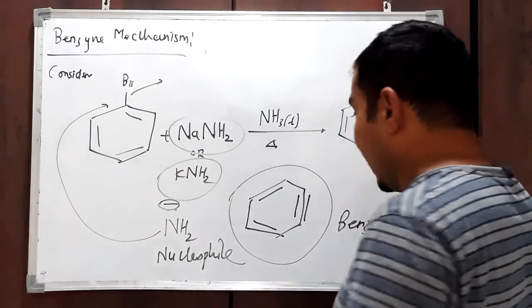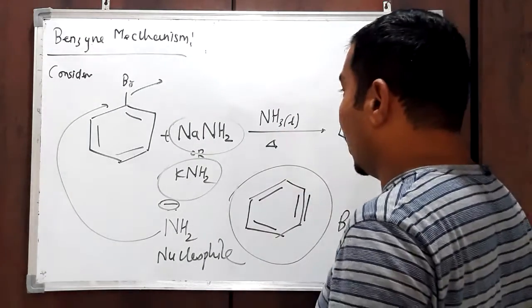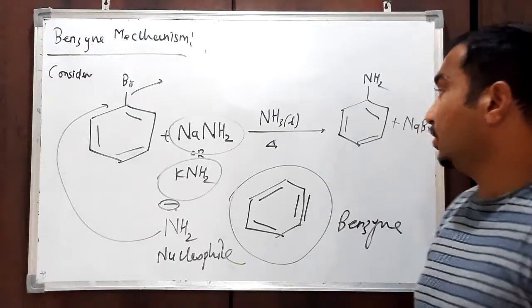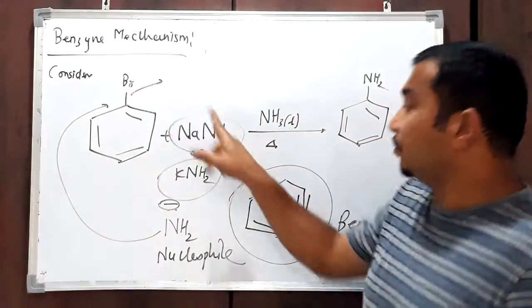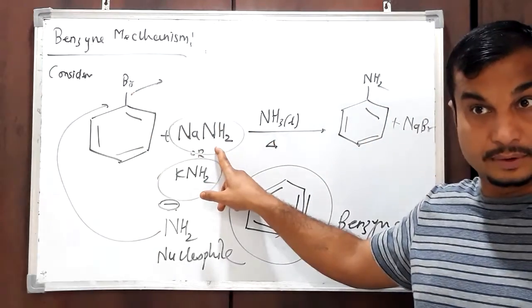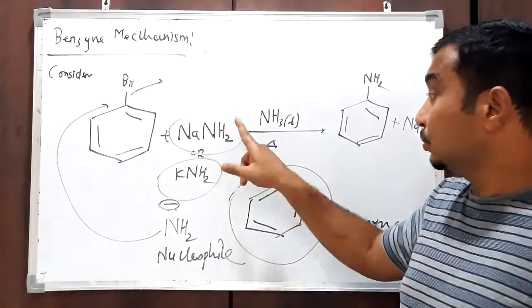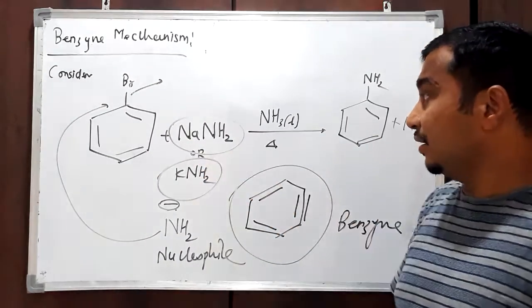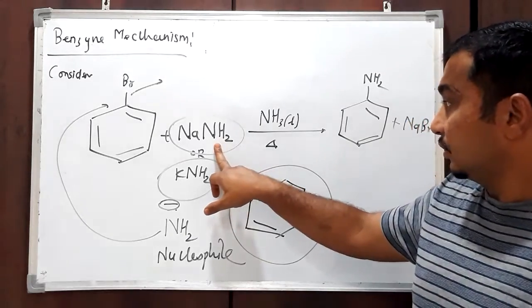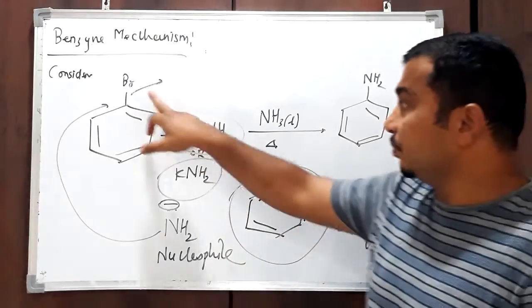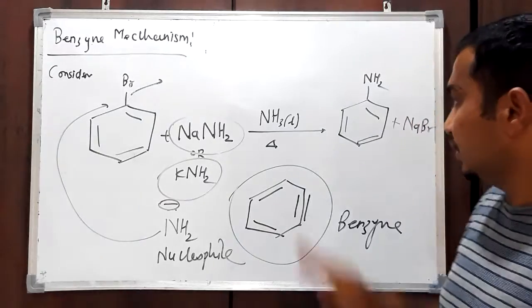We will see the mechanism of this reaction. There is replacement of the halogen atom by NH2 minus. Sodamide gives this NH2 minus group, replacing Br minus from the benzene ring. So this is the reaction.